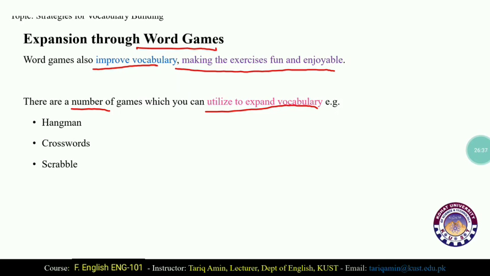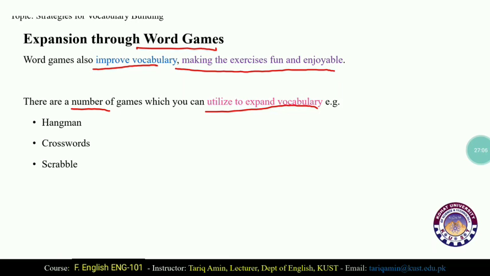And we can expand our vocabulary through prefixes and suffixes. Prefixes are, in other words, the morphemes that are attached to the beginning of a word, and suffixes are the different morphemes that are attached to the end of a word.